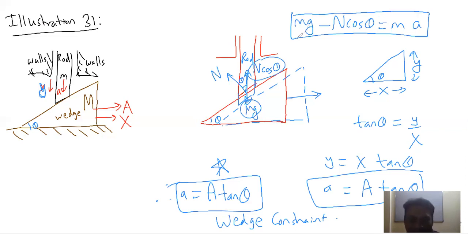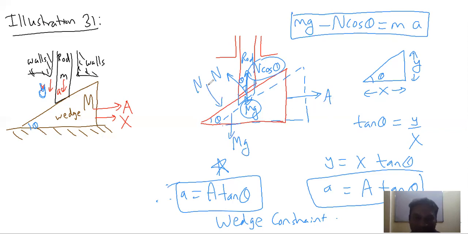After writing Newton's law equation on the rod, let us think about the wedge. What are the forces acting? One is the normal reaction N. Other than that, we have on the wedge Mg, capital M into g, and the acceleration capital A of the wedge.